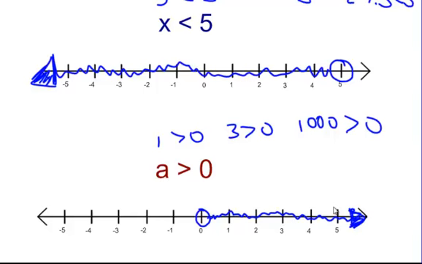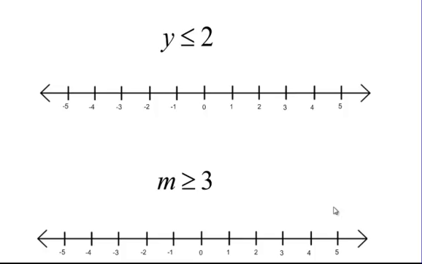So now, what happens when we have less than or equal to? Here, y is less than or equal to 2. So I'm going to put a filled in circle on the 2. Now, you may ask, why is it filled in and not open? Well, if we put 2 in here, less than or equal to 2, isn't 2 equal to 2? And that's what that little line means, less than or equal to. So we have to include the 2 in it.